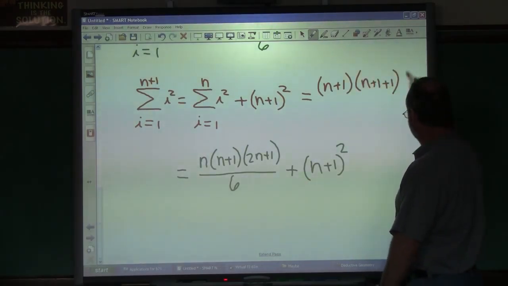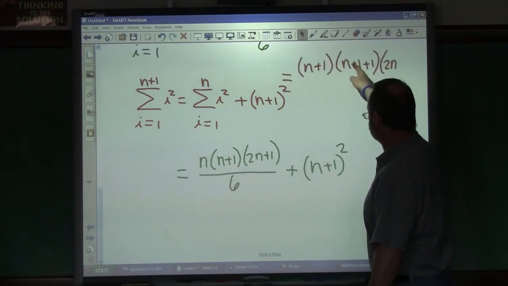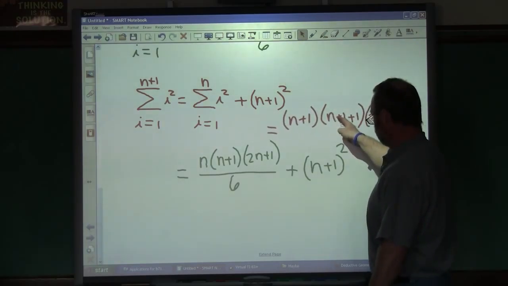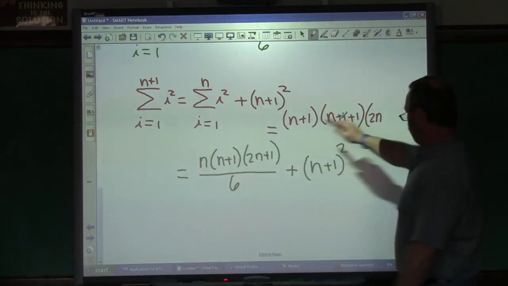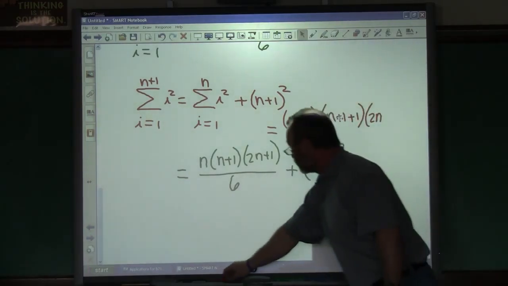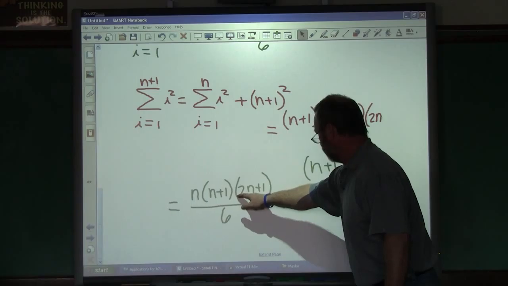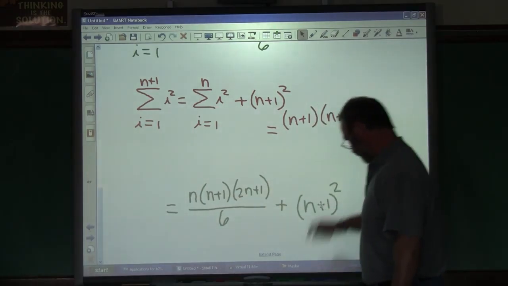I need a little more room here. Can I move this over? Yes, I can. There we go. It's nice with the smart board here. That this is equal to, and let's move this down a little bit so it's not all bunched up.